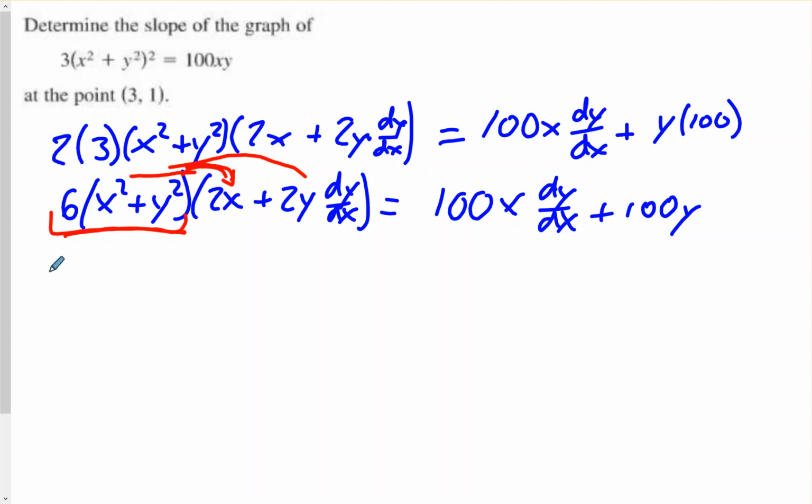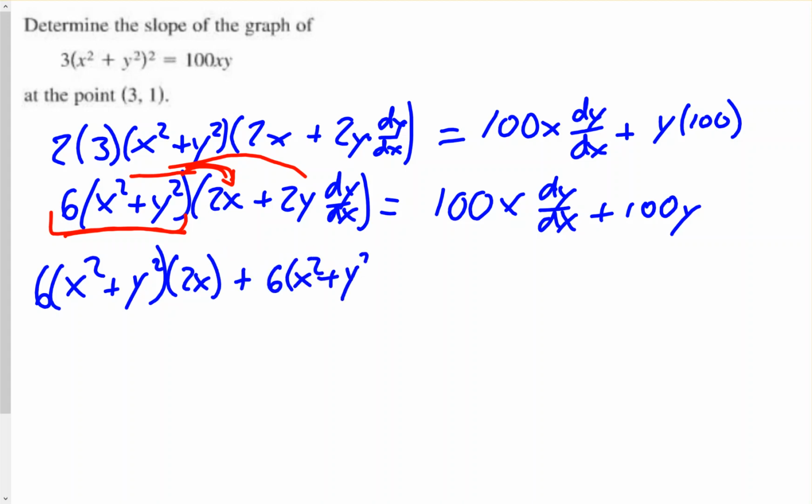Okay, so we would have 6 times x squared plus y squared times 2x plus 6 times x squared plus y squared times 2y dy dx equals 100x dy dx plus 100y.